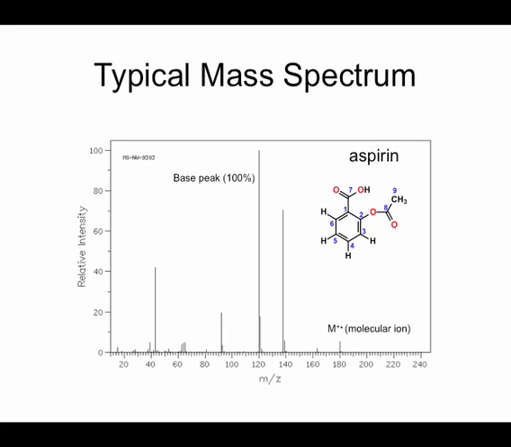This is a typical mass spectrum of aspirin, and this is done not with precise mass, but with somebody who takes an aspirin or any drug and is interested in the mass. This is the so-called molecular ion.